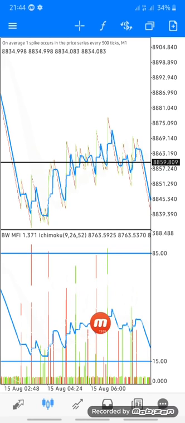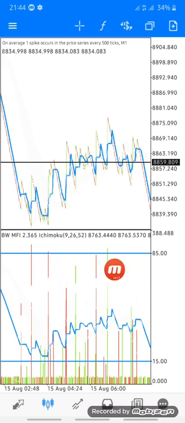On the 15-minute time frame, this Ichimoku is somewhere here at level 85, and this facilitation index ticks are also touching this level. That's why those higher time frames will obviously affect the 1 minute time frame.